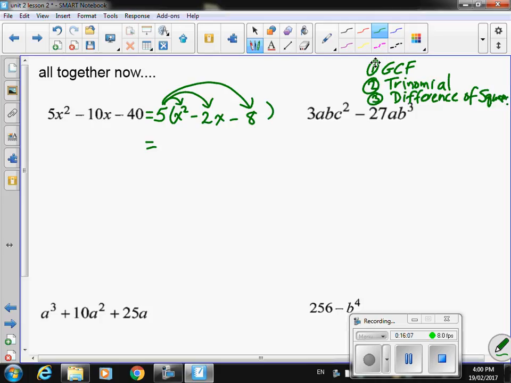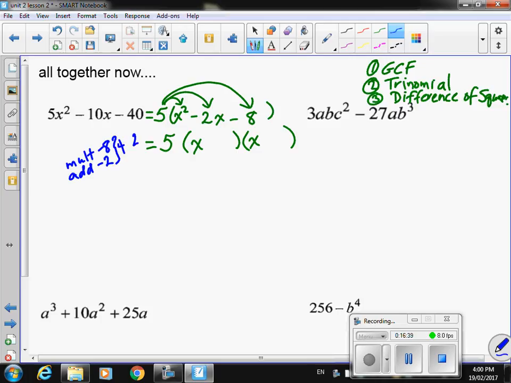So I'm going to try. With a trinomial, I know I want it to be like that, so I'm undoing FOIL. At the beginning of both brackets would be an x. I need two numbers that multiply to negative 8 and add to negative 2. My possibilities for 8 are 1 times 8 or 4 times 2, and you know what? 4 times 2 could get me to a 2.